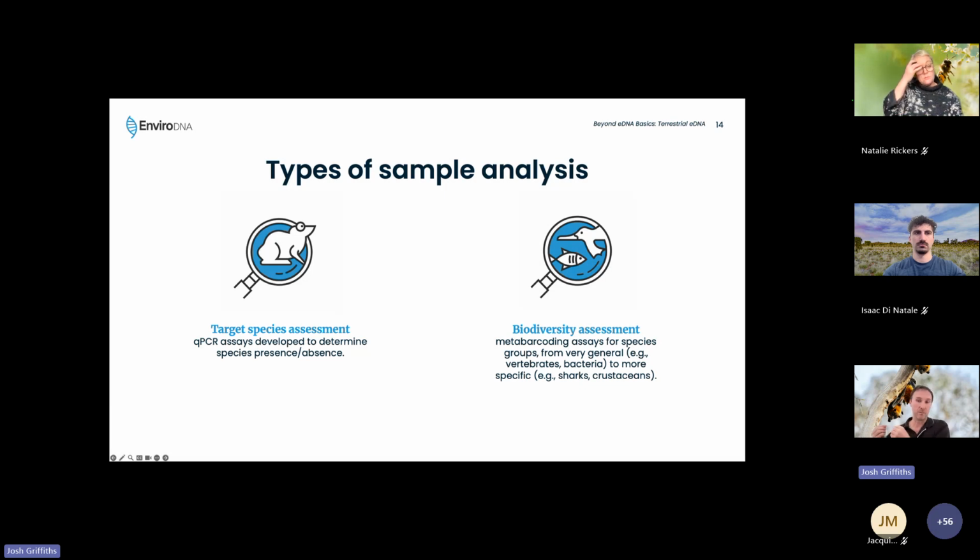So we can target whole taxonomic groups. So we detect multiple species from the taxonomic group that we target, and they can be quite broad, like vertebrates or bacteria, or we can get a little bit more specific. So we can target in particular sharks or decapods. And we can use a combination of different assays to improve that taxonomic range.